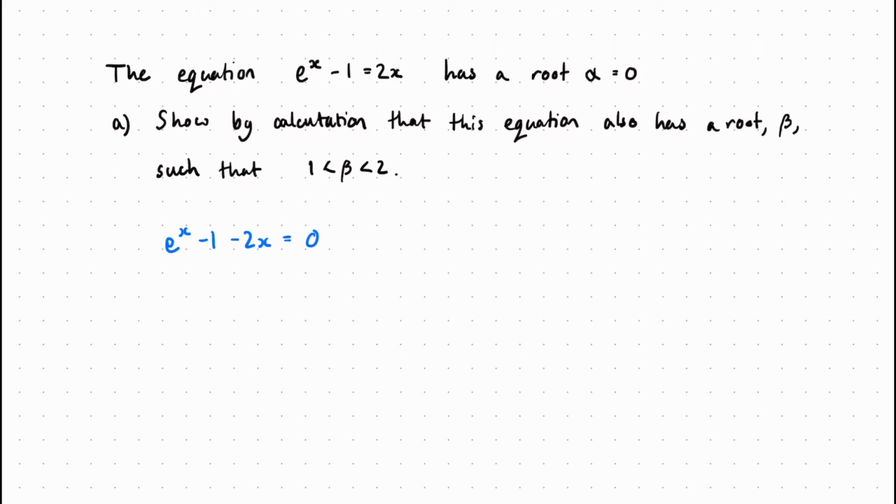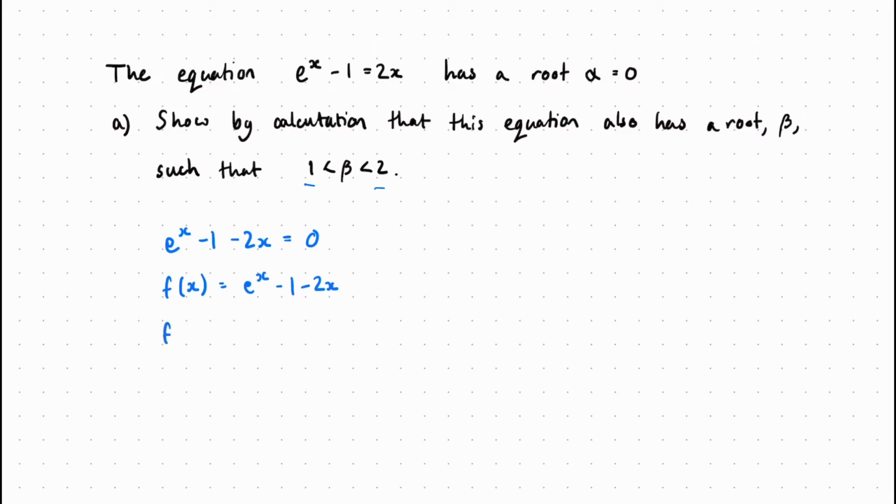You may see this as familiar as a function situation where you try to solve for solutions equaling 0 as a single graph where it crosses the x-axis. So this is our function, e to the x minus 1 minus 2x, and to prove that there's a root between 1 and 2, all you have to do is substitute in the values 1 and 2 and check for change of sign.